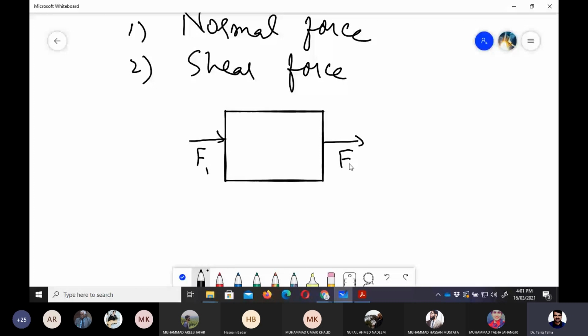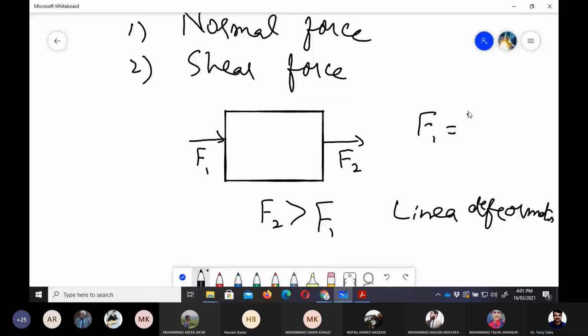Then it would be translated in the X direction without any deformation. But what happens if F2 is bigger than F1? Then it would be elongated. It means that now we would have linear deformation. If F1 is equal to F2, then we would have translation, right? Okay, so this is the difference.